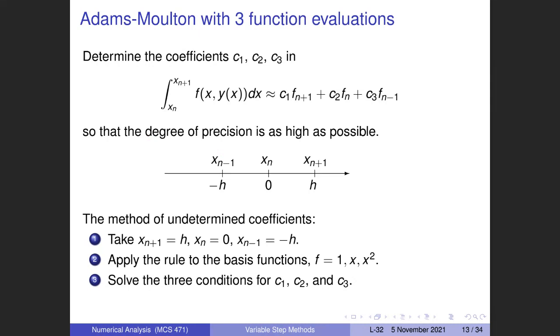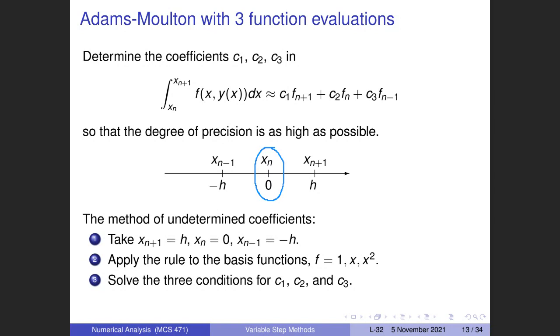Let's generalize this again with the method of undetermined coefficients. We want to use 3 function evaluations. We are going to define again xn relabeled to 0 when we apply our method of undetermined coefficients. And again, why is that? We want to find expressions for the 3 unknown coefficients in terms of the step size.